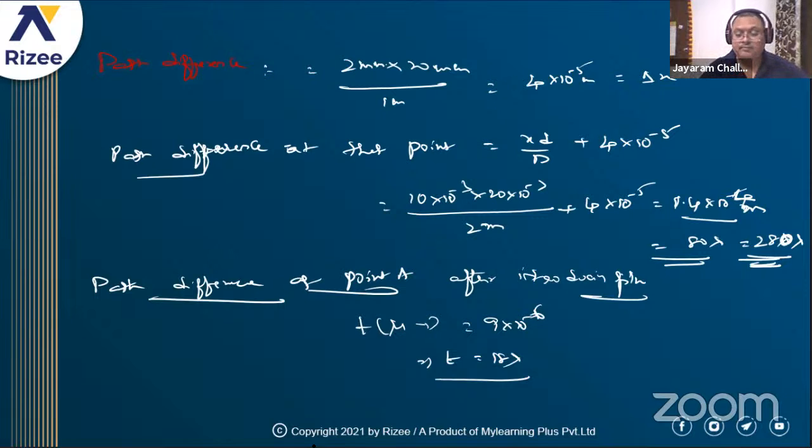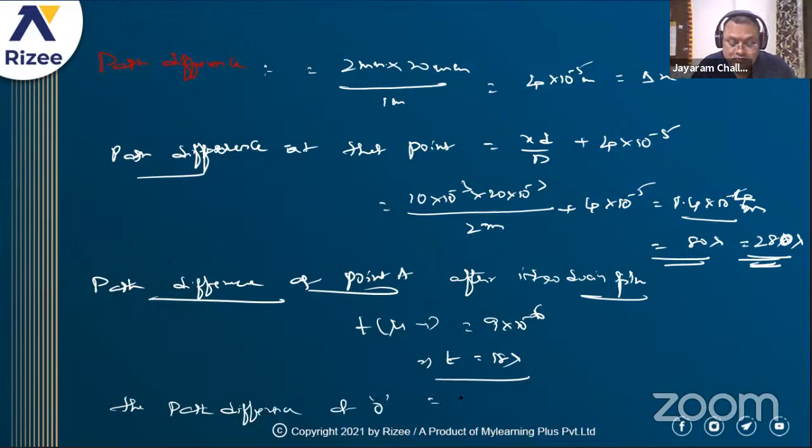So from this, we can say that the path difference at O will be equal to 262 lambda.